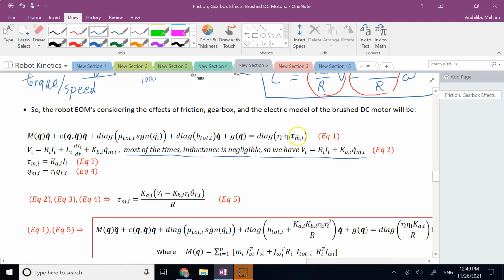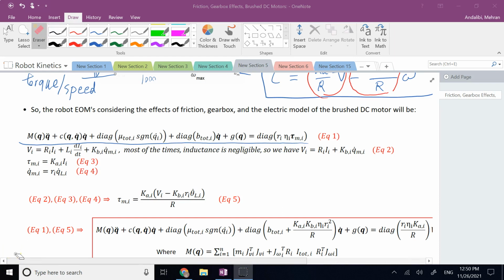This is the equation that I derived last time, the equation of motion of the robot in the joint space with friction and gearbox effects added. This is the equation of the electric circuit, Kirchhoff's voltage law. For many practical applications we neglect the inductance terms, so we really use this equation, equation 2.